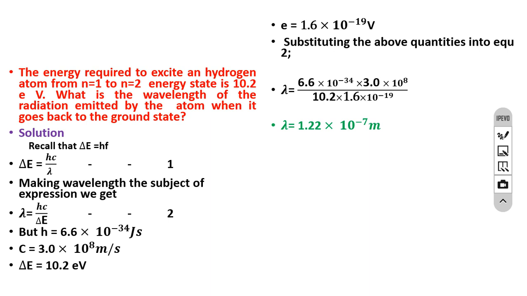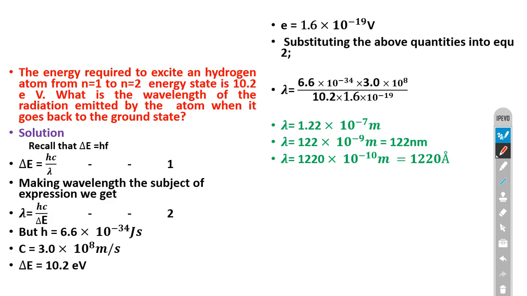Looking at this, the answer is correct. But maybe in an exam condition, you look at it and you don't see your answer. It might be in the form of nanometer, which is still correct. It might be in the form of Angstrom, which is still correct. This is what I did.